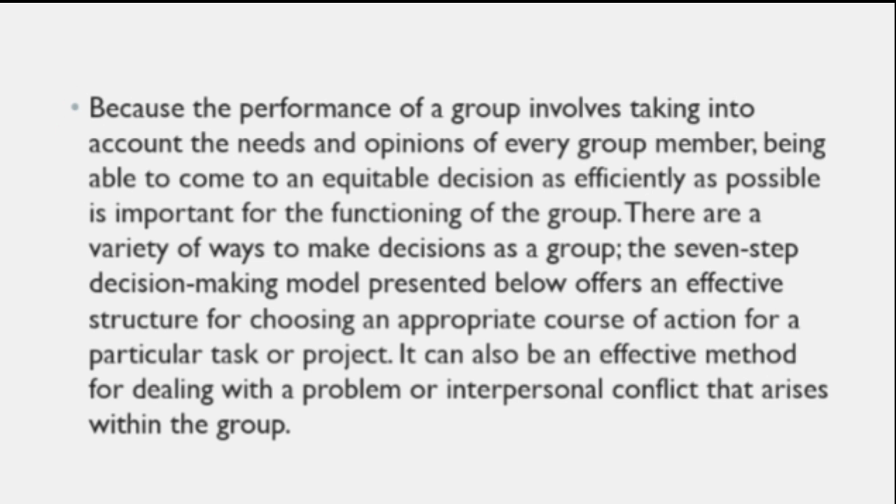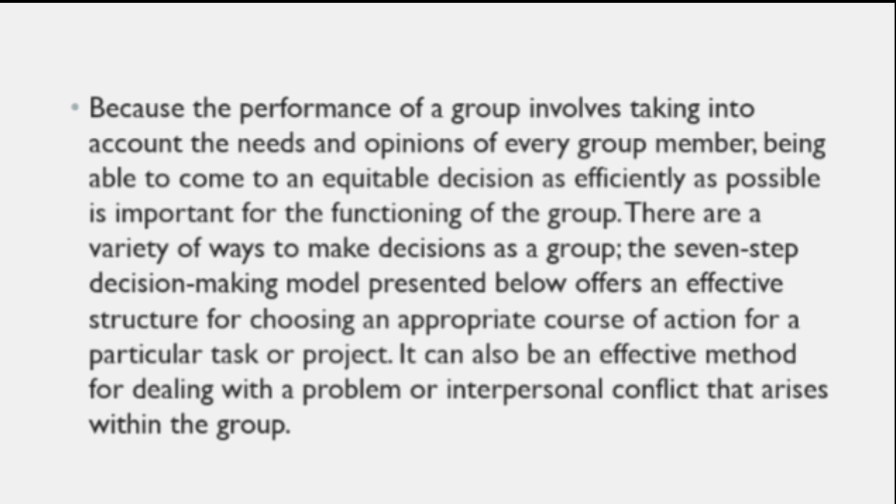Because the performance of a group involves taking into account the needs and opinions of every group member, being able to come to an equitable decision as efficiently as possible is important for the functioning of the group. There are a variety of ways to make decisions as a group.